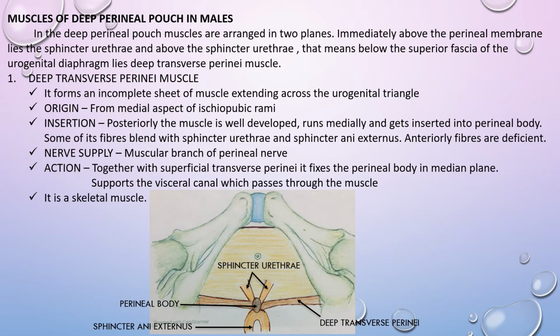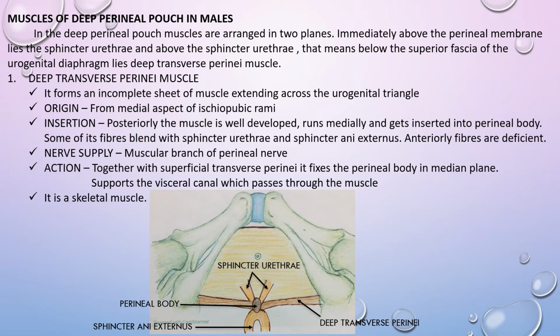Immediately above the perineal membrane lies the sphincter urethrae muscle. Above the sphincter urethrae muscle, that means below the superior fascia of the urogenital diaphragm, lies the deep transverse perineal muscle. First, we will take up the deep transverse perineal muscle.